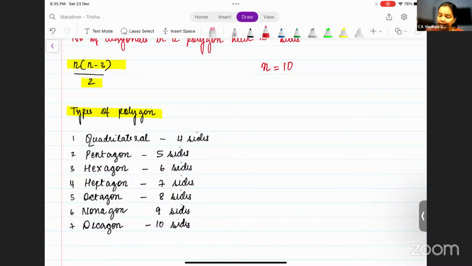How many diagonals are there? It is 10 into 10 minus 3, 7, divided by 2. 70 by 2, that is 35. So there are 35 diagonals in a decagon.